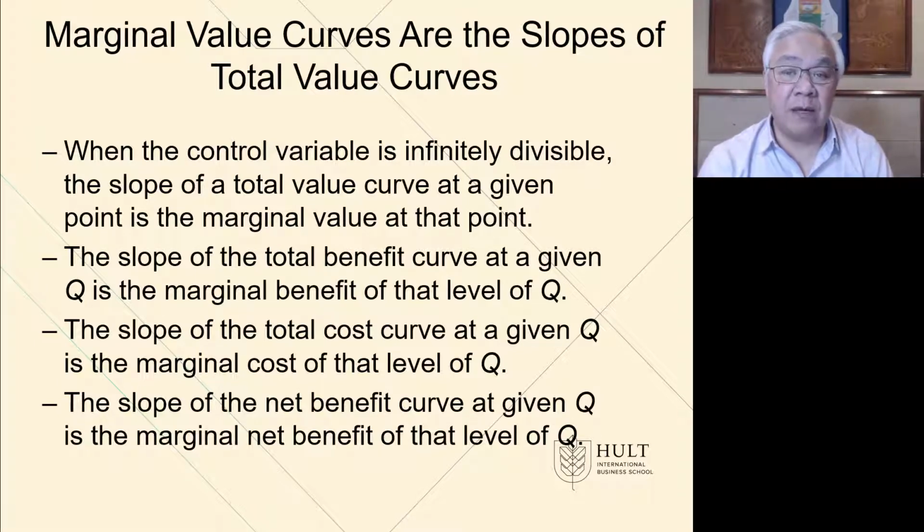And so we can substitute the idea of using the slope for determining the marginal benefit or the marginal cost. Same thing holds for marginal net benefit, right? So the marginal cost, marginal benefit, and marginal net benefit are all determined by getting the slope of those curves given the change in quantity.